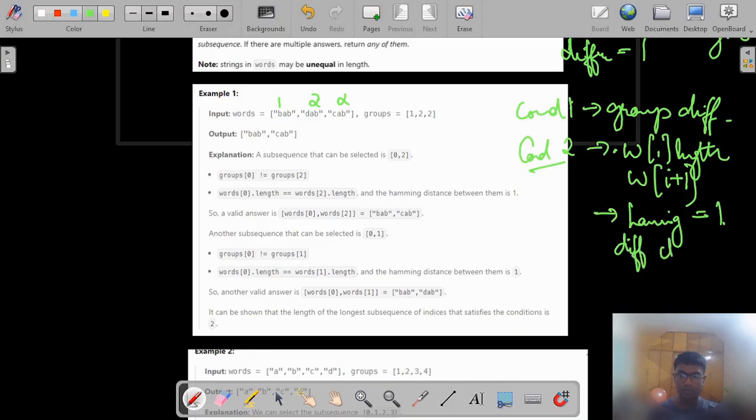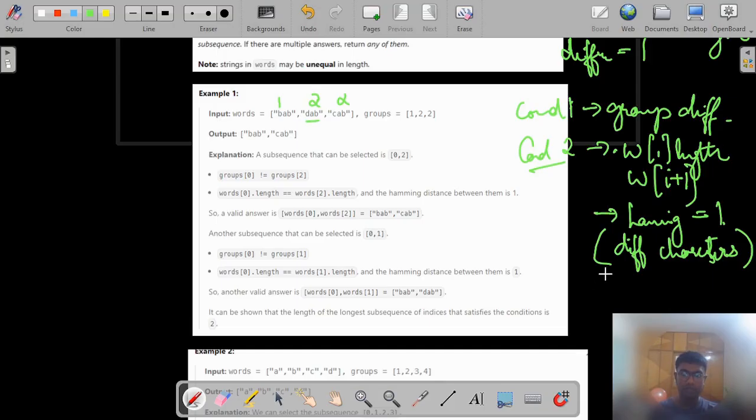This is nothing but the difference of characters. So these are the conditions to add into a subsequence.